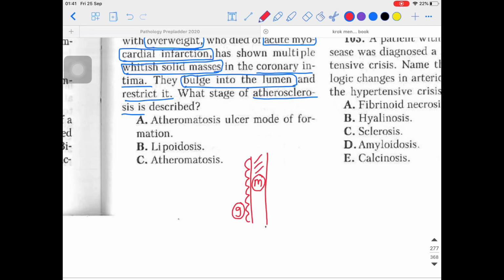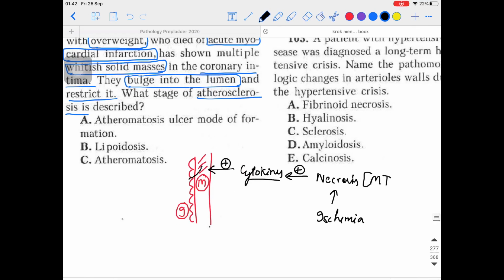What happens is that proliferation of these cells will happen due to the stimulation of cytokines. Cytokines will be stimulating. And what caused that? Death of the tissues, necrosis. What causes necrosis? Ischemia. In our question, necrosis means MI.